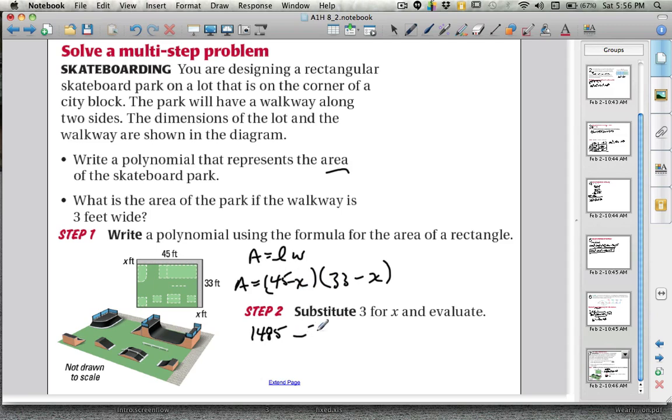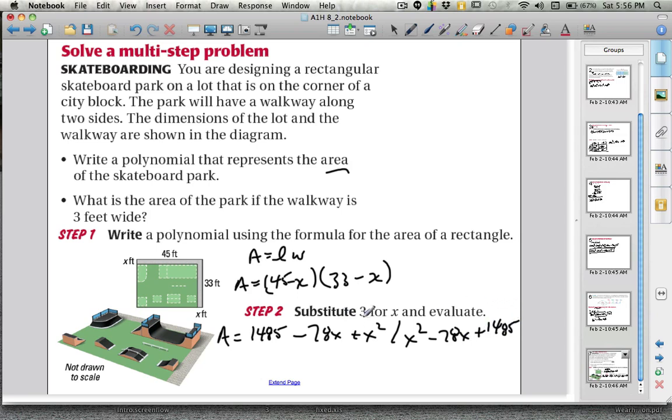So I'm going to have minus 78x. And then negative x times negative x is plus x squared. And that's my area. Of course, if I was going to order my polynomial correctly, the 1485 and the x squared would switch places, and it would look like x squared minus 78x plus 1485.